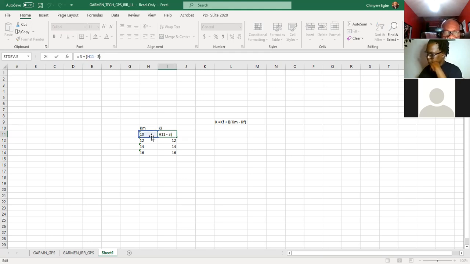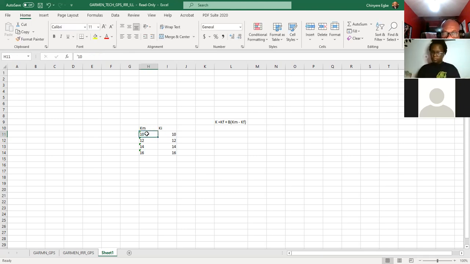Here we're using Excel. And so here we're using H11, which is the market rate, Km, okay? And the market rate here is 12%, there's 14%, there's 16%. I mean, you can change this to 11%, change this to 12%.